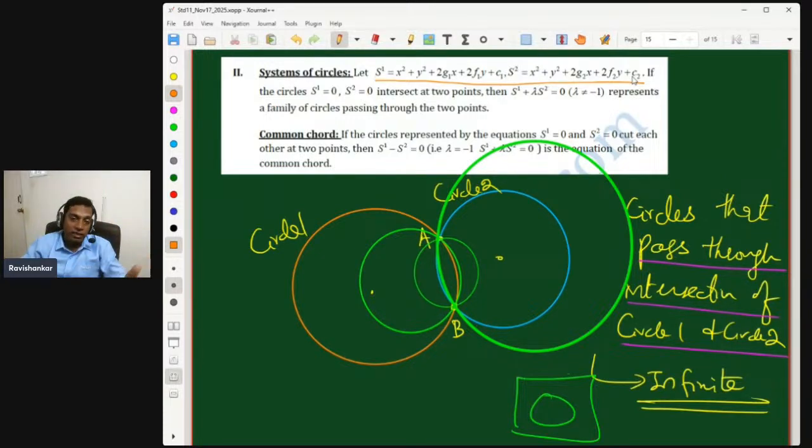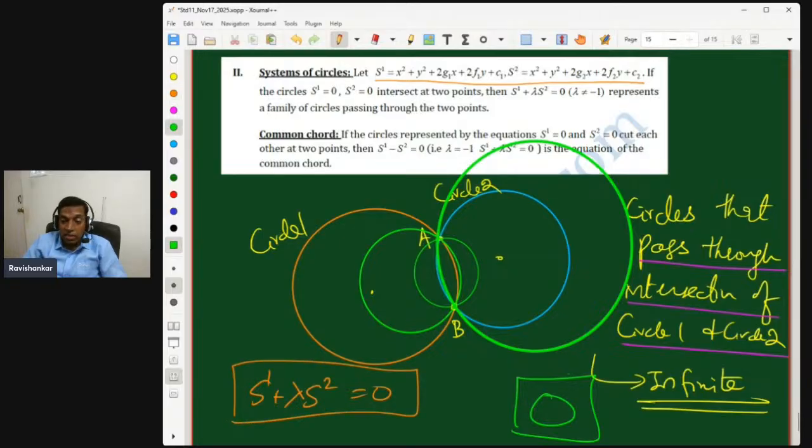There's no squaring here. Then the beauty is S1 plus lambda S2 equals 0 represents all such circles.